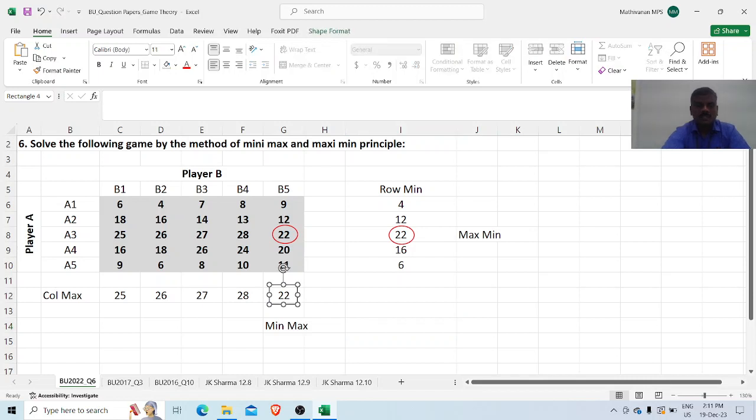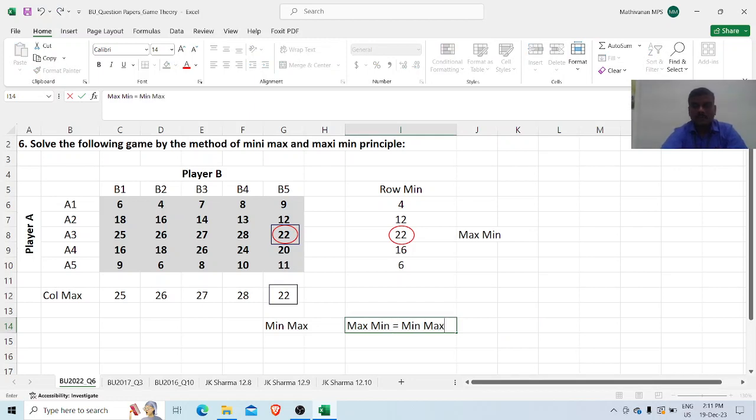We will box the 22 in the payoff matrix. So after circling and boxing the values in the payoff matrix, we realize that the maximin value is equal to the minimax value. In our case, it is 22. That means the maximin value is equal to the minimax value.